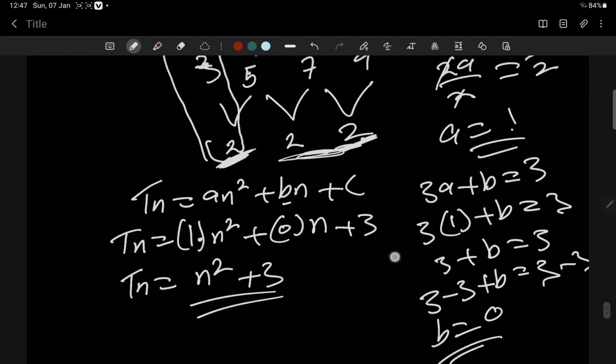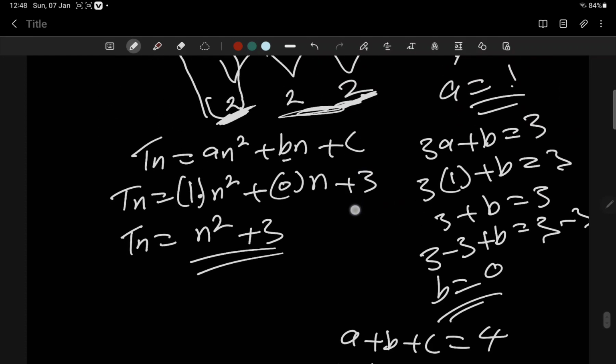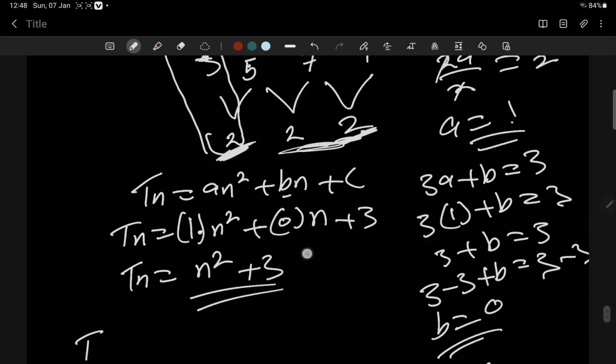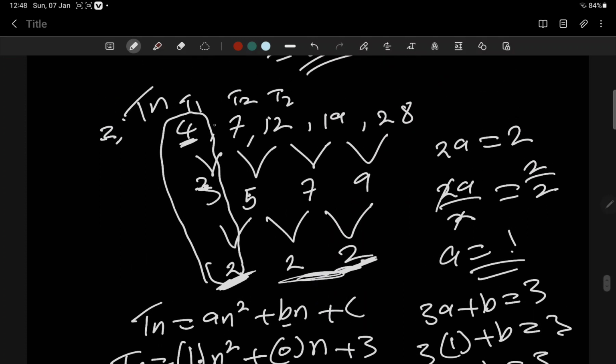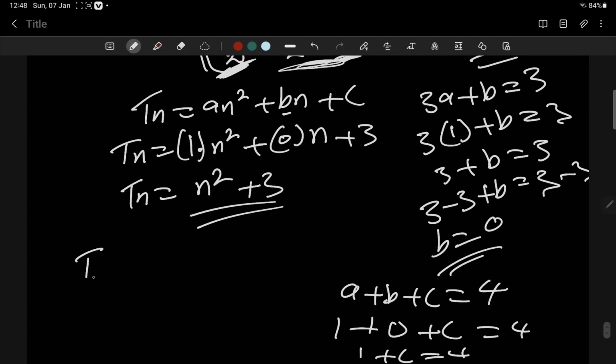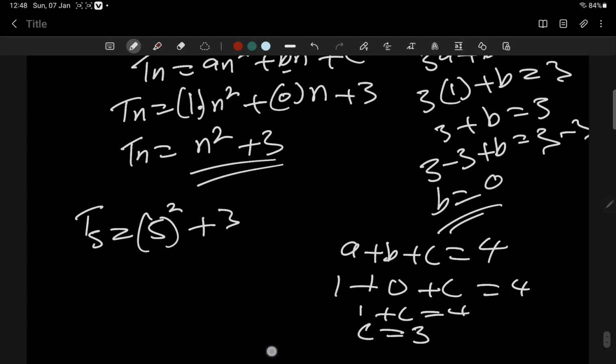Before, we need to test this if it's right. Let's try this with T5. Where this n, you put 5, squared plus 3. Then T5 is 28, which means this is right.